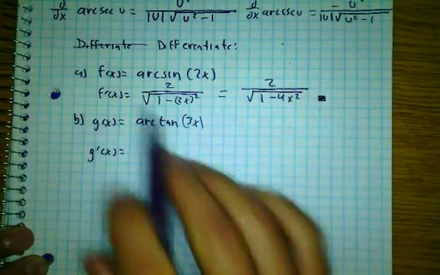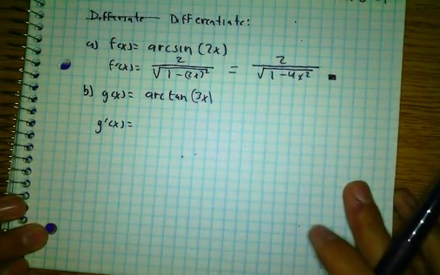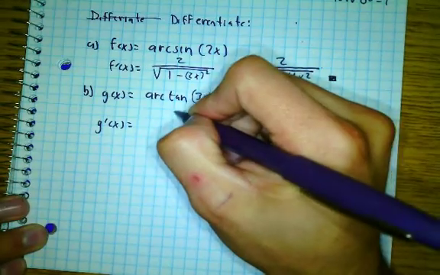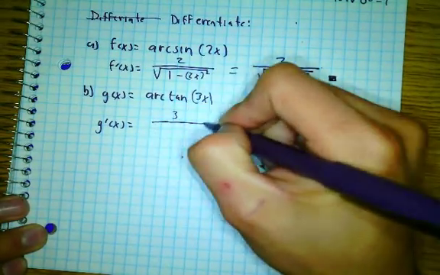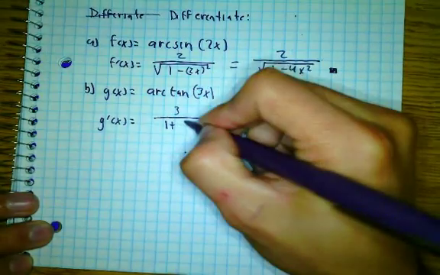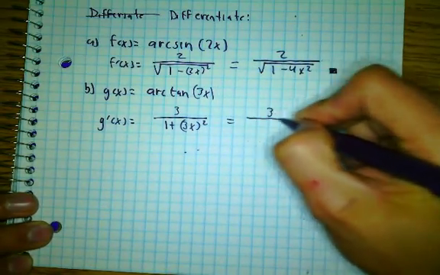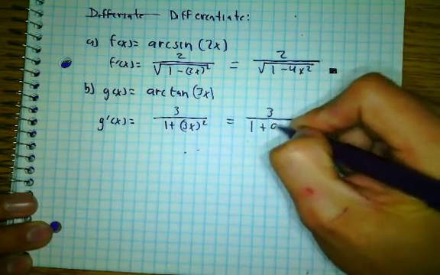So the derivative of 3x is 3 over, according to the rule, 1 plus u squared, so 1 plus (3x) squared. So it simplifies to 3 over 1 plus 9x squared. And I would stop right there. Cool?